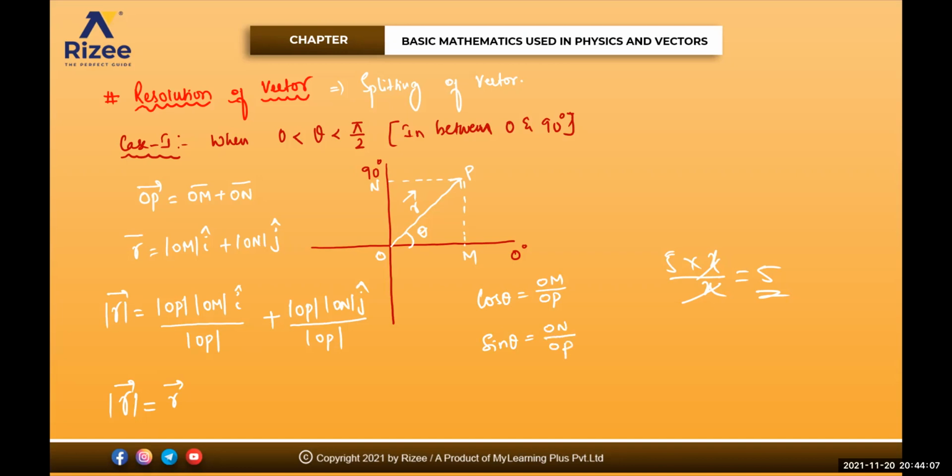Right, OP. Now see, in this one, this part, and in this one, this part. OM by OP is cos theta, ON by OP is sin theta. Can I write like that? Any doubt to anyone in this one? So this will become R bar cos theta I cap plus OP is again R bar into sin theta J cap.